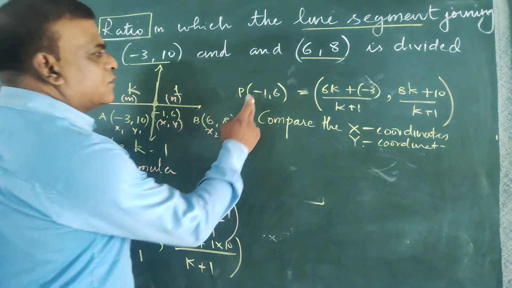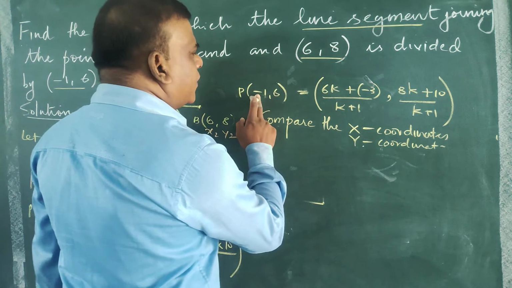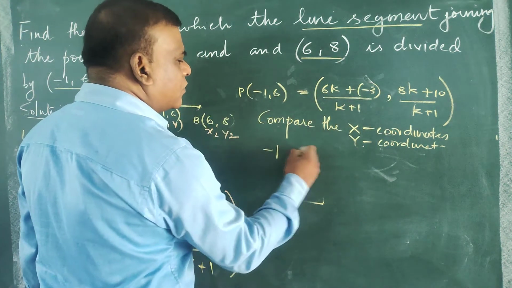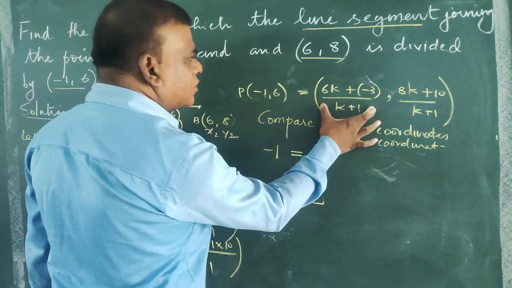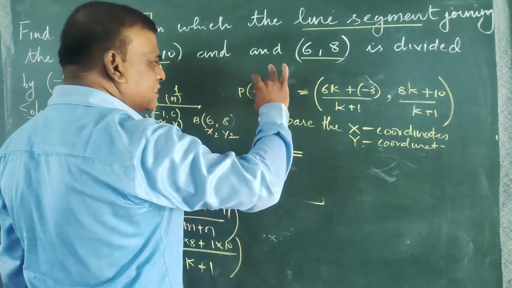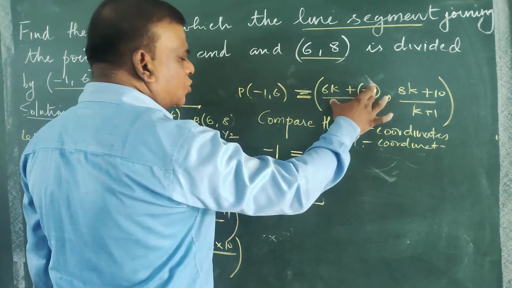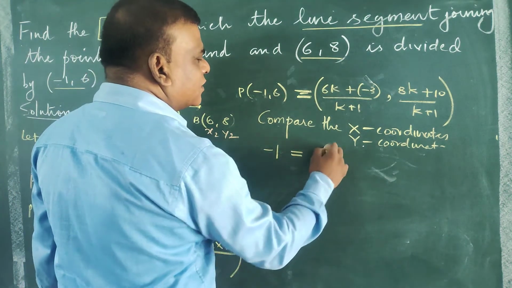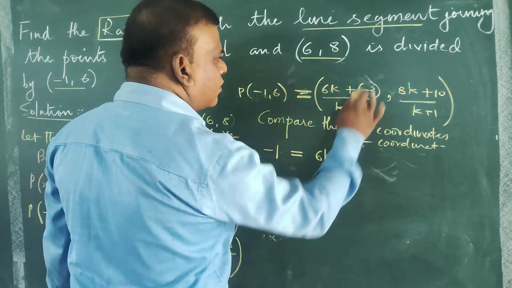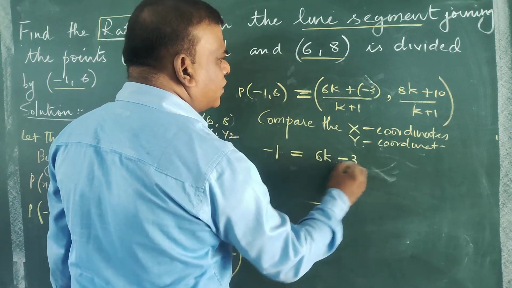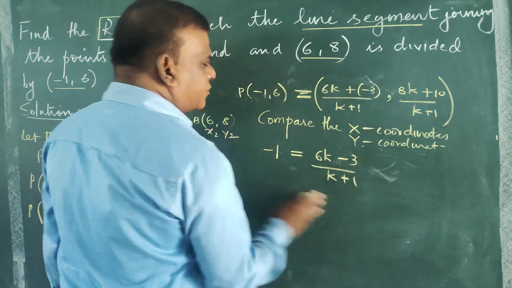So minus 1 must be equal to (6k minus 3) by k plus 1.